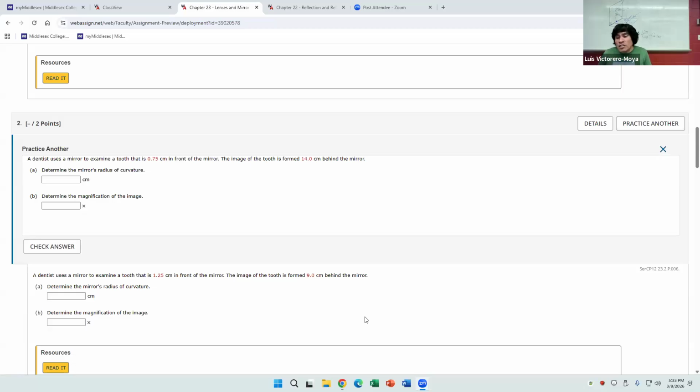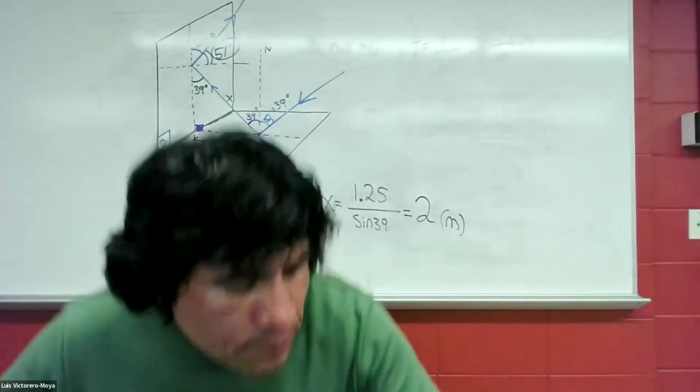Now, here you have a virtual image, but that's because you are magnifying the object. All right? So you have the object distance and you have the image distance. Think about it. You have 0.75, that's the object distance, and 14 centimeters is the image distance. But that's negative. So then you can find the focal, you can find the radius, and you can find the magnification. So let's do it.